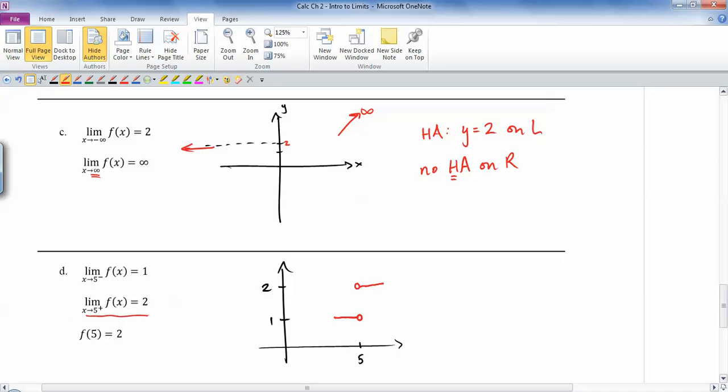That's what this says. And the value of the function at 5 is actually 2. So then I'd have to fill in this dot. Then that's what I have. That's my picture. And this tells us that no matter what, we've got a jump discontinuity there at x equals 5.